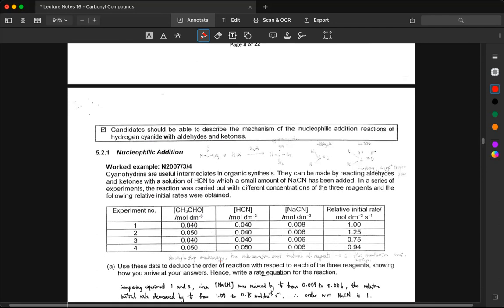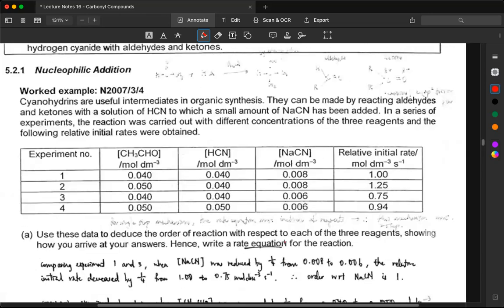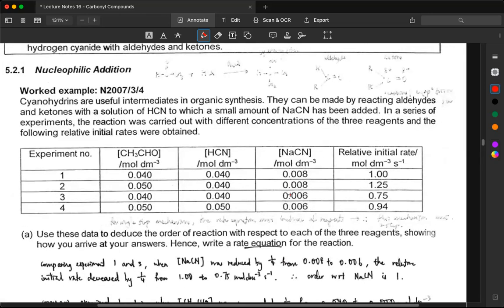So this is like a revision of kinetics. If you compare experiment 1 and experiment 3, where the concentration of the aldehyde is the same, when you reduce NaCN by 1/4, from 0.008 to 0.006, the initial rate also decreased by 1/4, from 1 to 0.75.